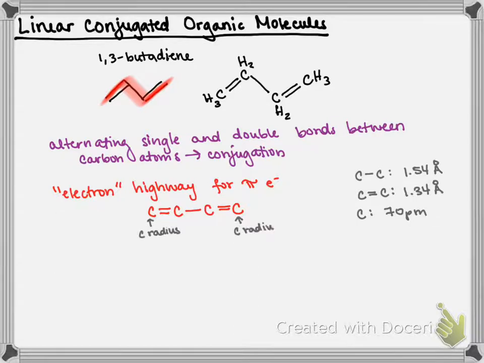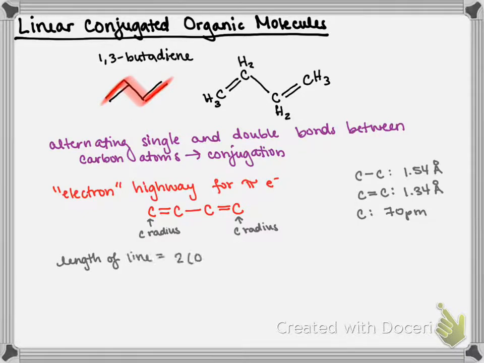So we have a carbon radius on each end, and then we really have 2 carbon-carbon double bonds and 1 carbon-carbon single bond. The radius on the end points is because half of that carbon on either end is involved in a bond, but the other half is just the radius of the atom. So we have to account for that other half of the atom, especially since we're ignoring all of our hydrogens.